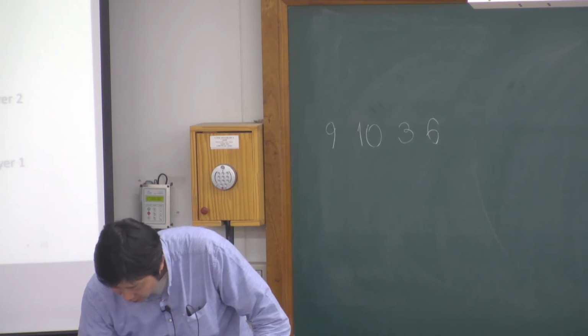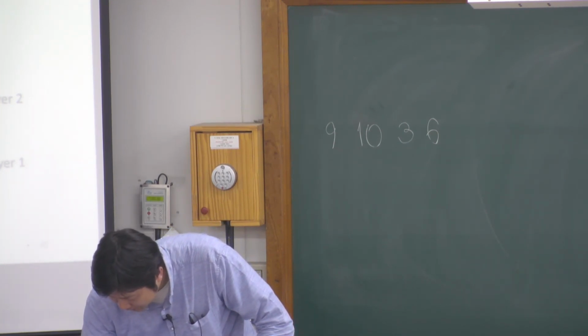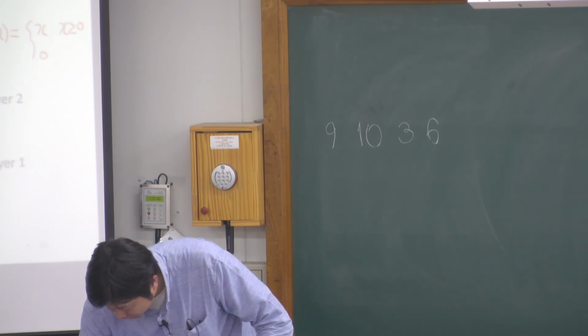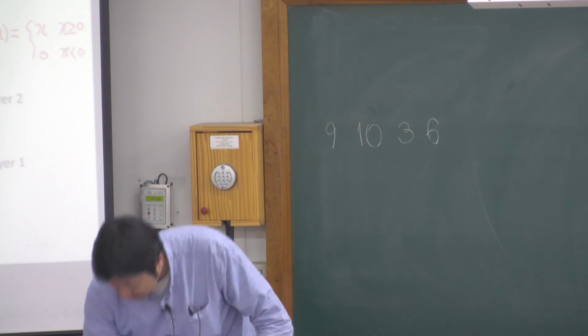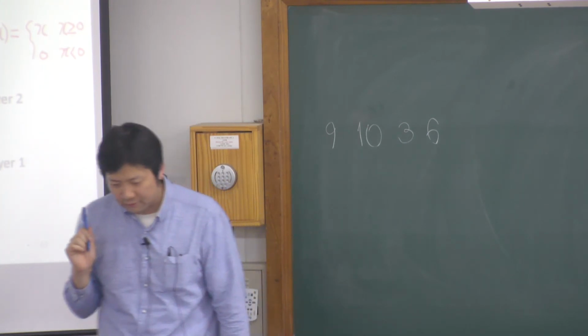In contrast, ReLU is defined like this: y of x is x if x is a positive value, otherwise the output is 0. That's the definition of ReLU, rectified linear unit.